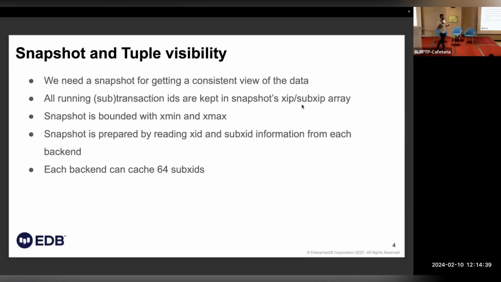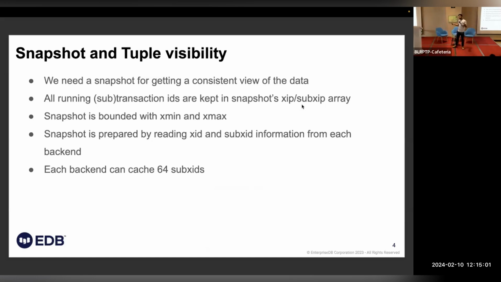What tuples will it give you? That depends upon some factors. Suppose I have read committed isolation level, I should see only the committed data. Fine, very simple: you just run the query, read the block, and whatever is committed, you throw it out. But is that correct from the isolation or consistency perspective?